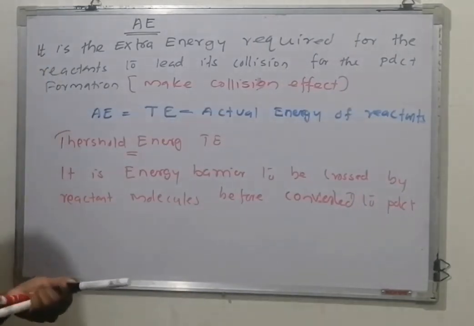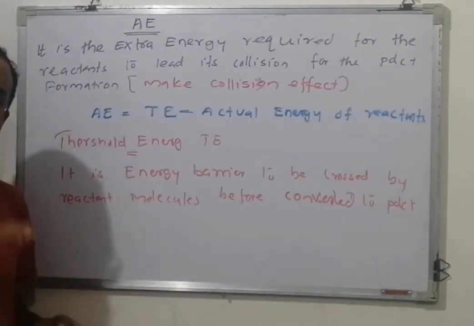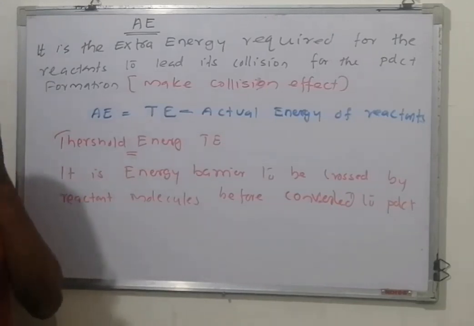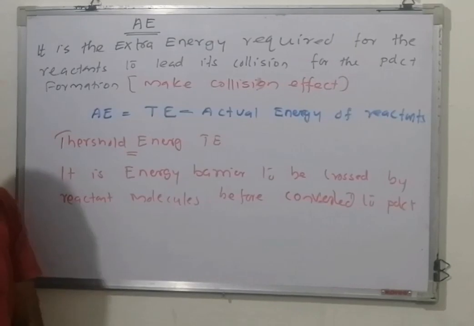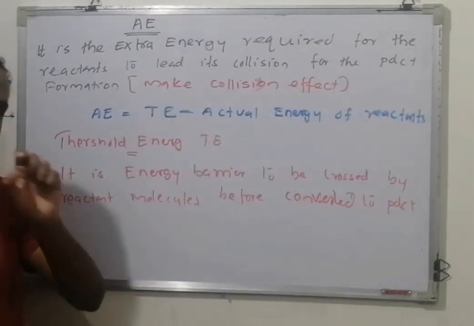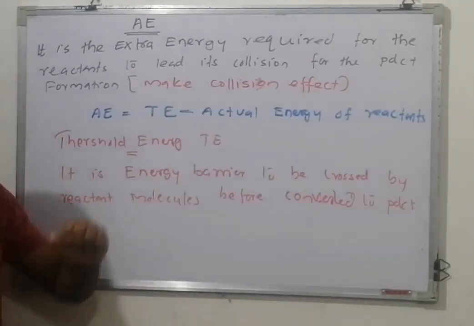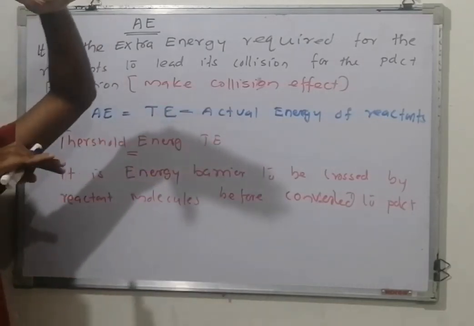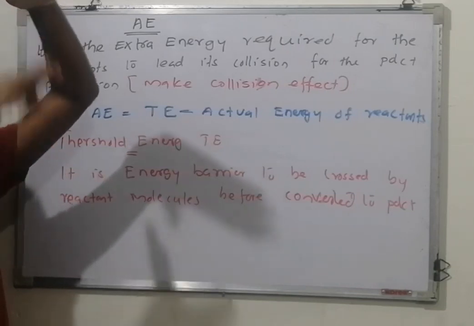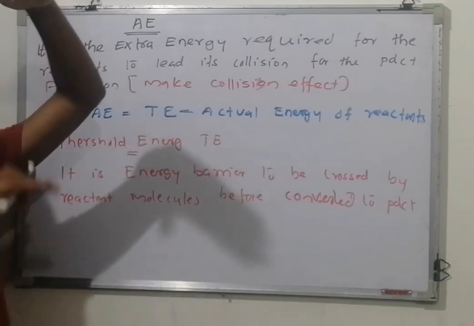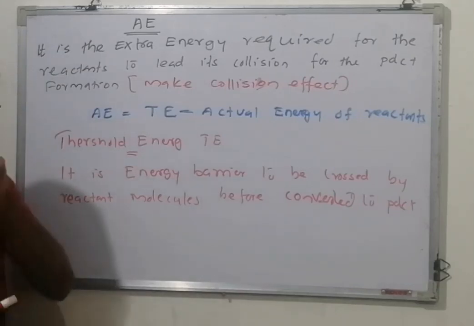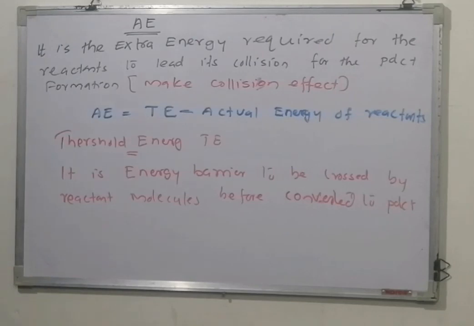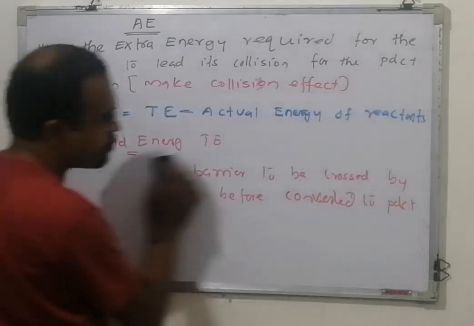This is a limit of energy barrier that should be attained by the reactant molecules before converting to the products. Therefore, our reactant has a lower energy and there will be a higher energy position like this. This is threshold energy, this is actual energy of the reactants. Therefore, this gap must be filled. That is called activation energy. Fine? Okay. We can draw the graph.